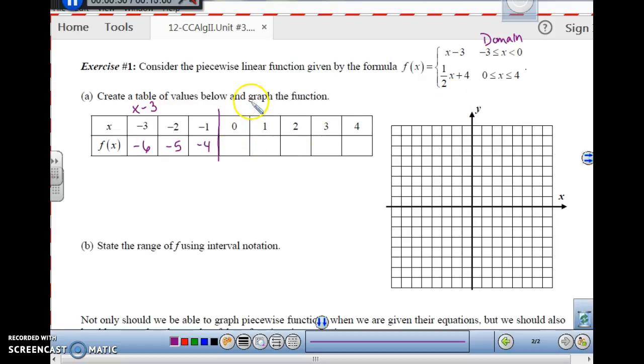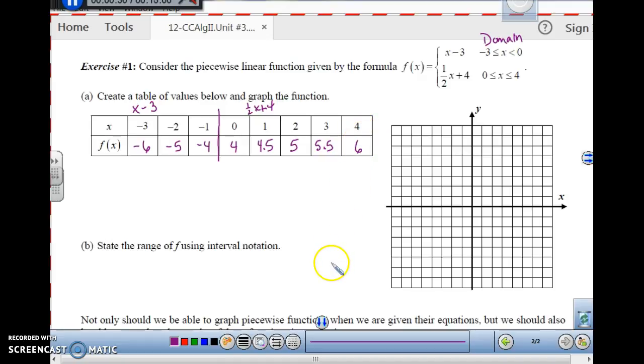So 1/2 of 0 plus 4 would be 4. Half of 1 plus 4 would be 4.5. Half of 2 is 1 plus 4 is 5. Half of 3 is 1.5 plus 4 is 5.5. And half of 4 is 2 plus 4 is 6.